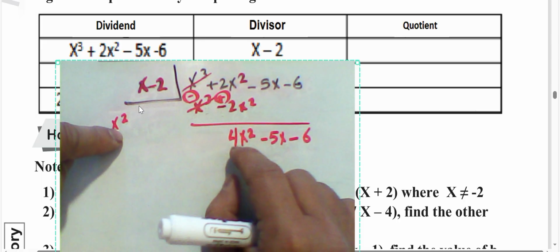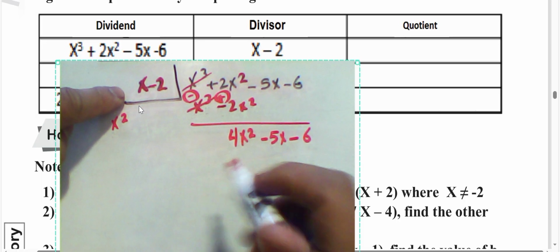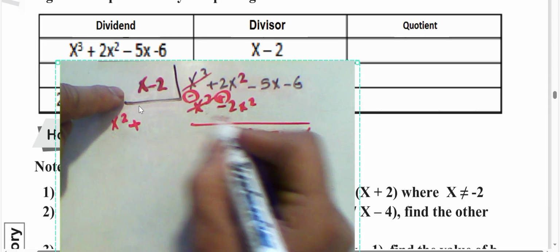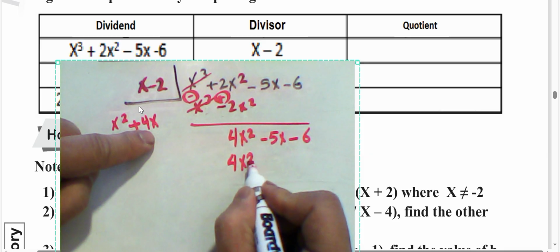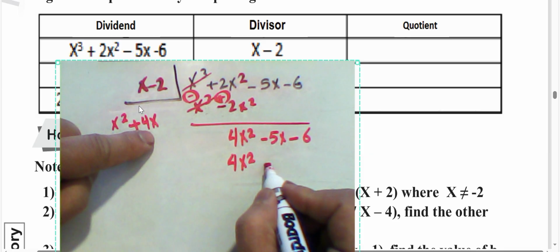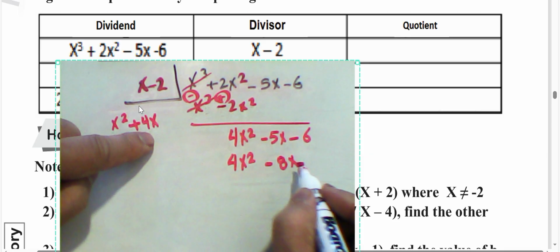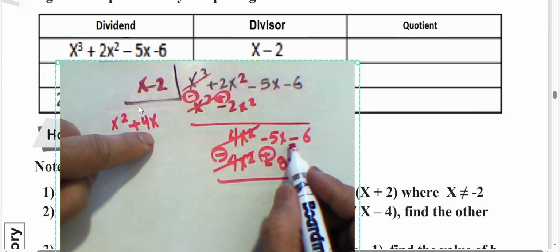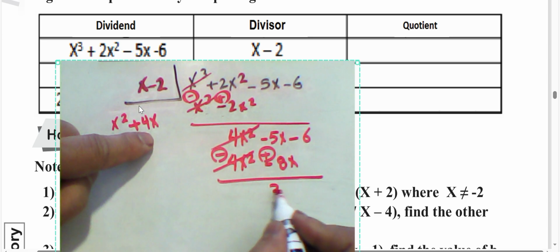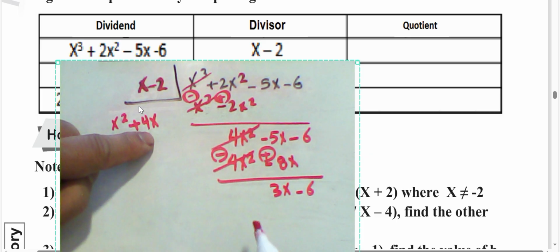I dropped here and then divided 4x^2 by x, positive, and it will be 4x. 4x times x will be 4x^2. 4x times negative 2, negative, and 4 times 2 equals 8, 8x. Right here negative and positive, cancel together. Negative 5x plus 8x will be 3x, and then drop negative 6.